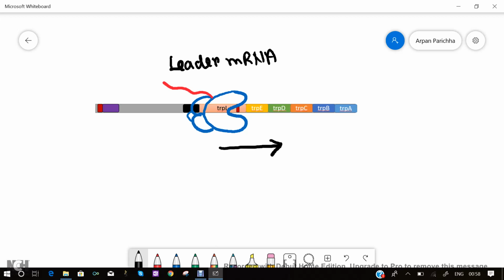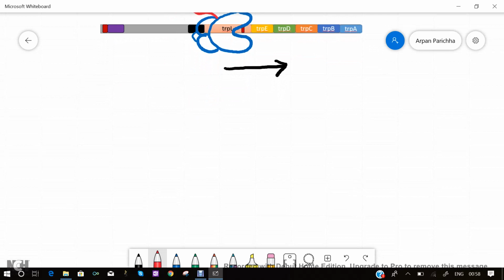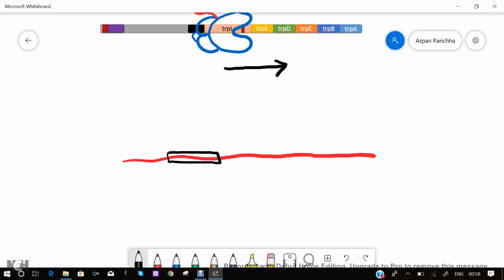Now this leader mRNA has four particular regions in it. So we zoom into the leader mRNA. So here is our leader mRNA. Now leader mRNA has few zones. This is zone 1, zone 2, zone 3, and zone 4.